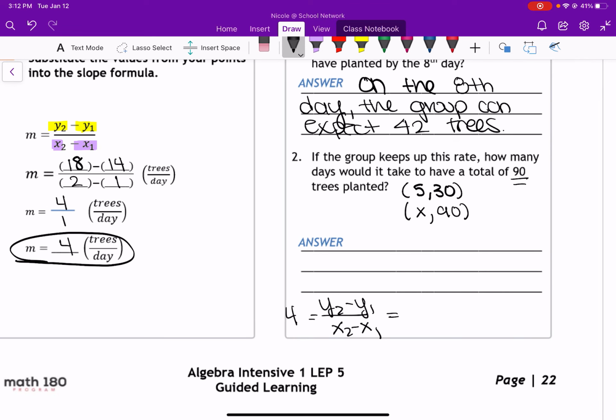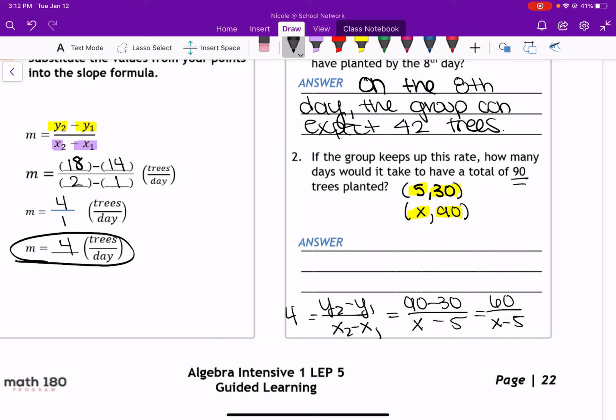So here we have y2 minus y1, so 90 minus 30 on top, over x2 minus x1, so x minus 5. So here 90 minus 30 is 60 over x minus 5.